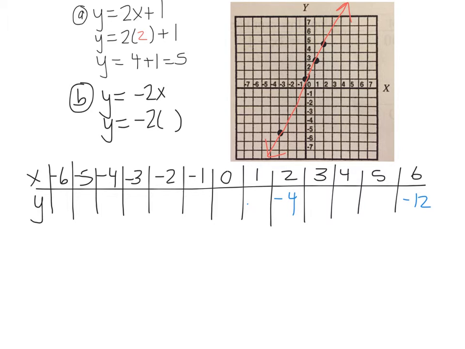Okay, and let's do one more. What if I put in a -3 for x? Then I would get y equals -2 times -3. That's +6.